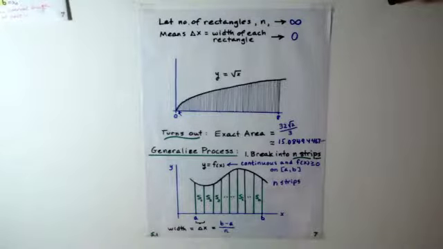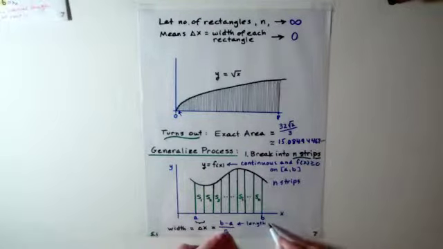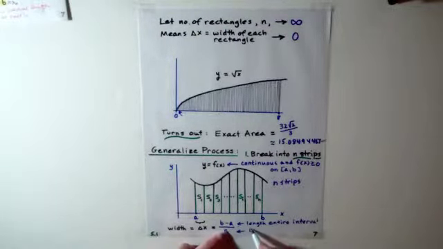So that is the width of those strips. So this is the length of the entire interval from a to b, and this is just the number of rectangles.